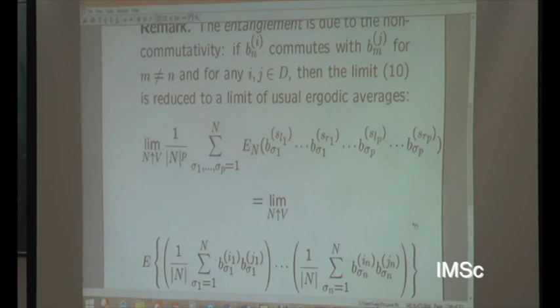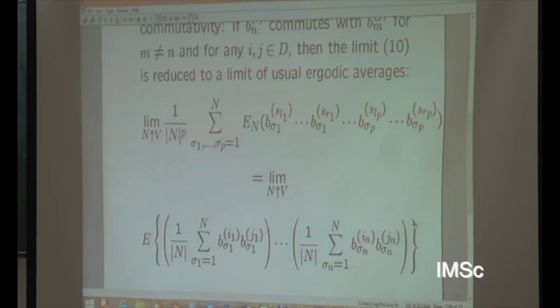In the commutative case, I have this sum, which is exactly the cardinality of N to the power p factor, and here I have exactly p pairs. If everything commutes, I can bring everything together and reproduce the standard ergodic averages.